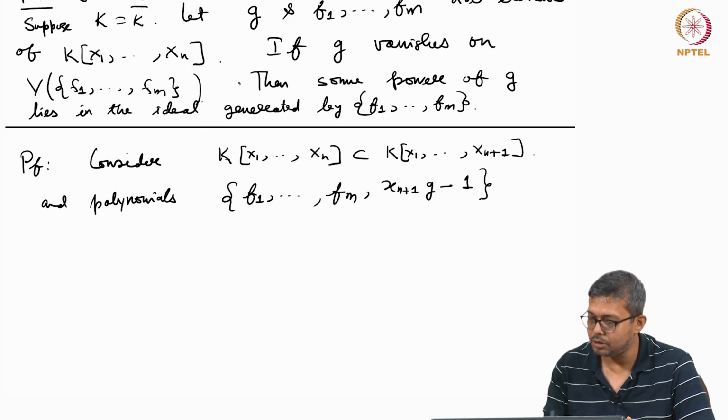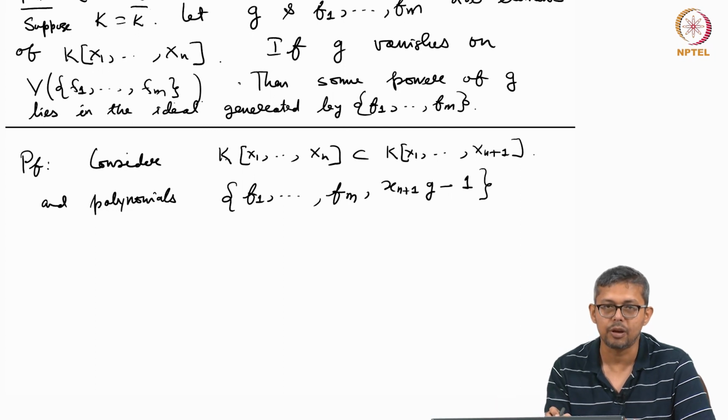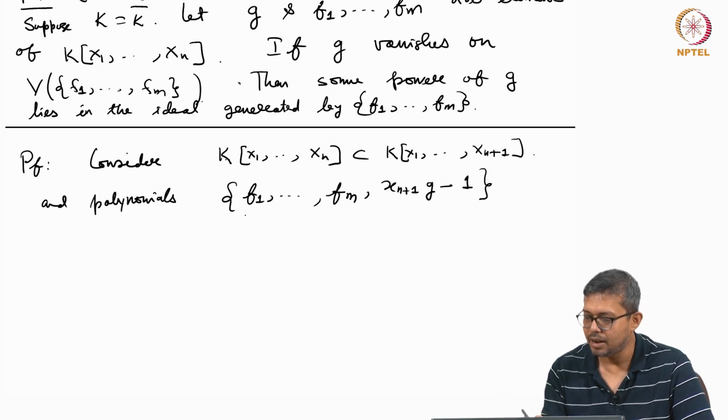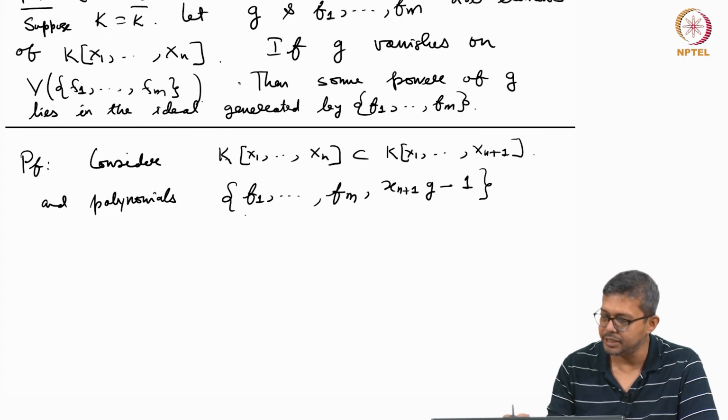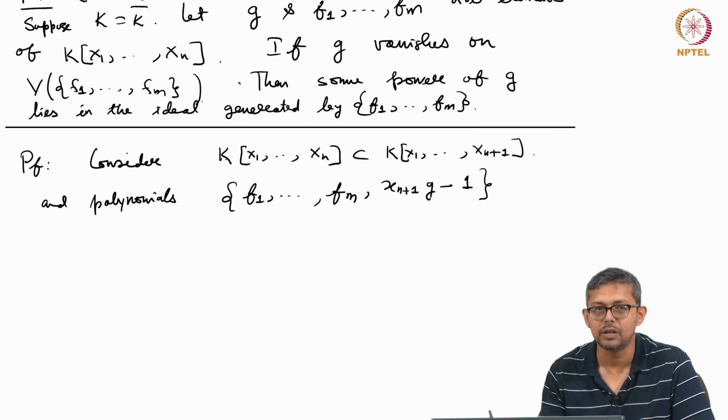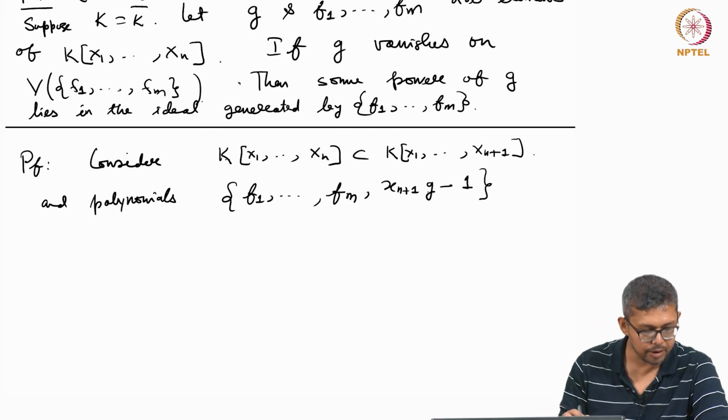Now you see that G vanishes on the zero set of F1, F2, ..., Fm, and G is a polynomial in x1, ..., xn.